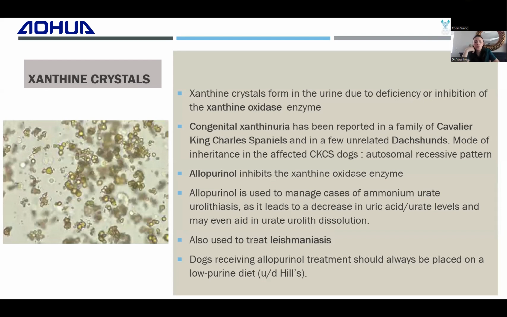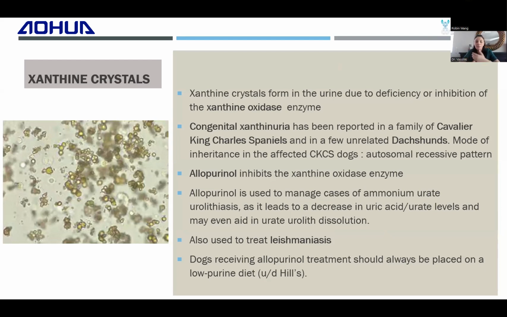And also, as you see in the previous question, this actually answers your question about uric acid, Cosmin. Allopurinol is used to manage cases of ammonium urate urolithiasis because it leads to a decrease in uric acid.